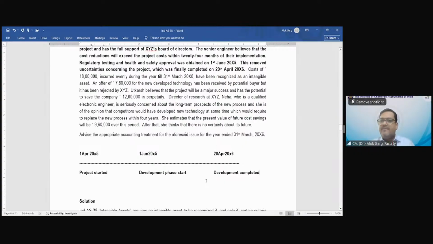So is that clear? This phase from 1st April to 1st June, what is this phase for? This is the research phase. And from 1st June it is the development phase.